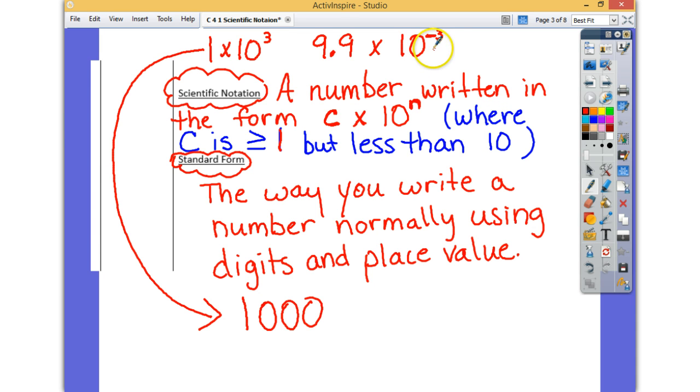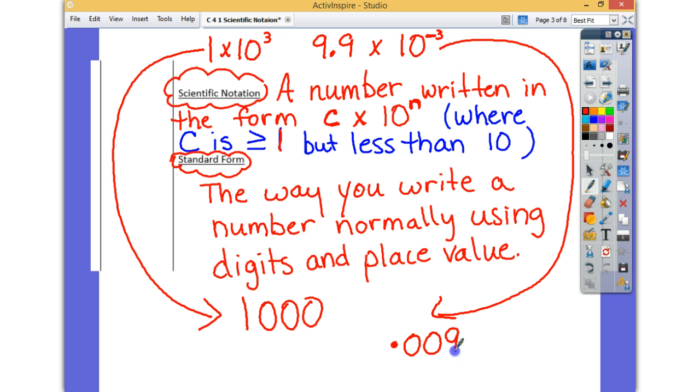What does this one look like in standard form? You would move it 3 places to the left. 1, 2, 3. So you're going to have 0.0099. That's what that would look like in standard form. So get those examples added in there as well. Now let's practice.